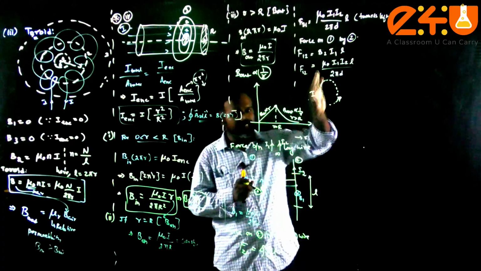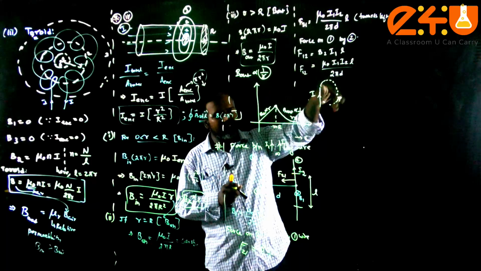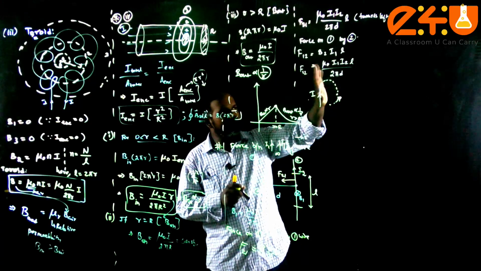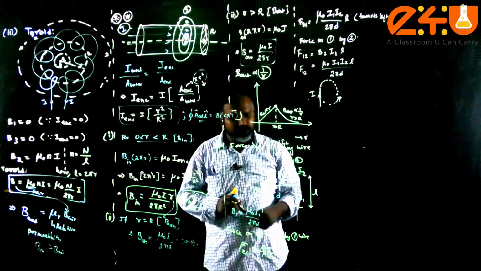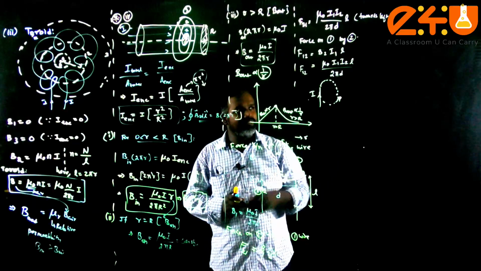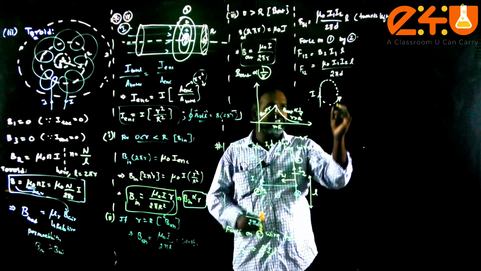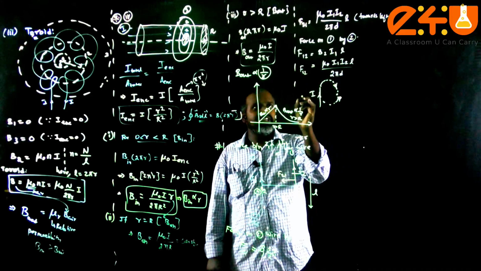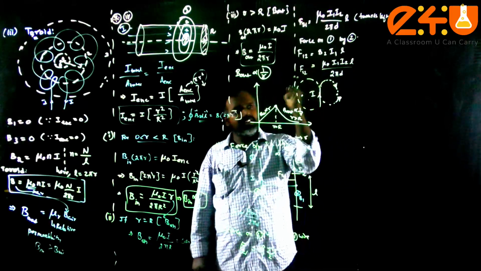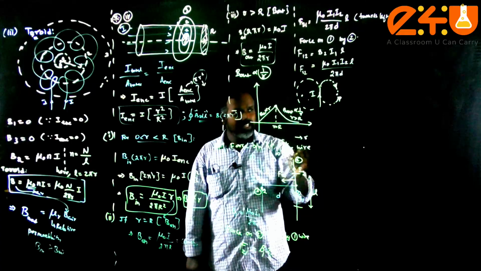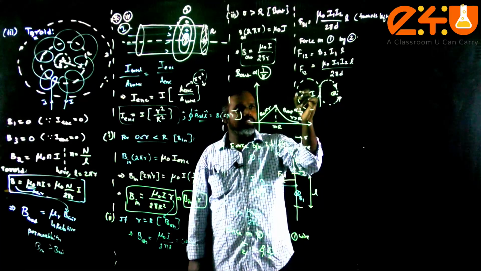For clockwise rotation, take the right hand palm rule. Clockwise rotation means the thumb is normally inward. So this is the way to find the direction of the magnetic field. If the same measuring point P is on the left side, this will be anti-clockwise rotation. Anti-clockwise means normally outward. So that is what we mentioned here.